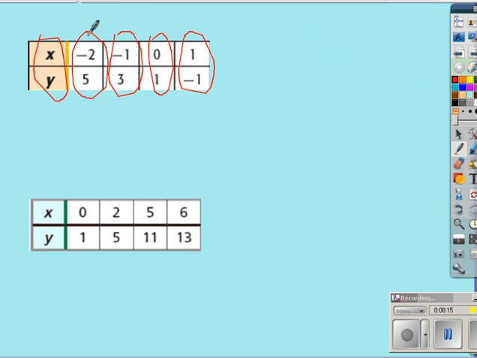My suggestion to you, pick some easy points. If I've got my formula y2 minus y1 all over x2 minus x1, I want to pick some easy points. I'm going to pick these points here. My x1 and my x2, y1, and my y2. I like these points because zeros and ones are a lot easier to deal with than 5s and 3s.